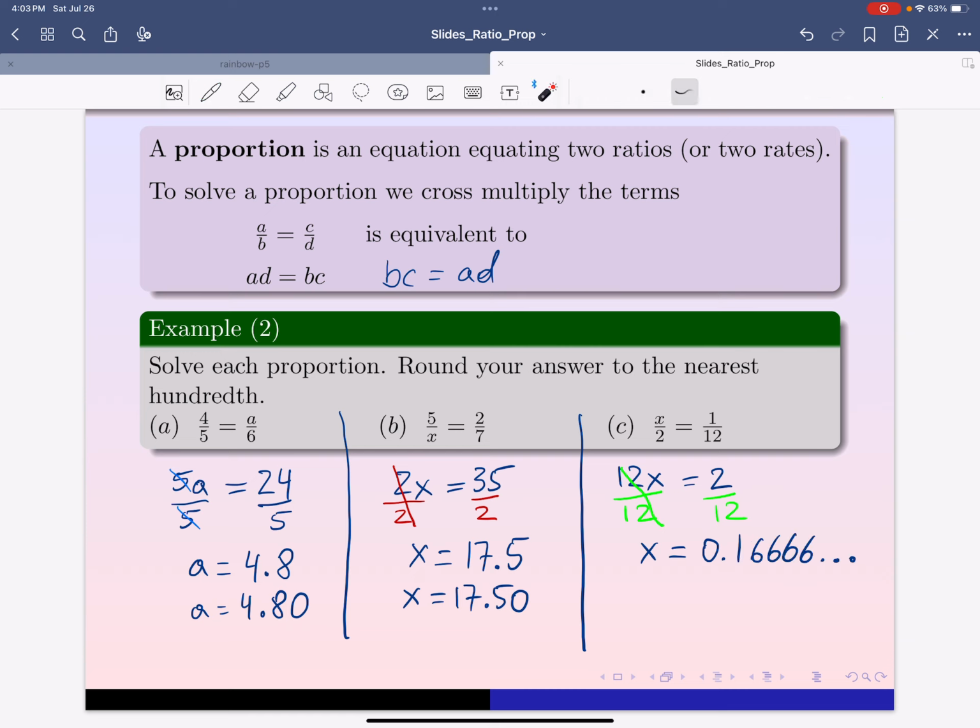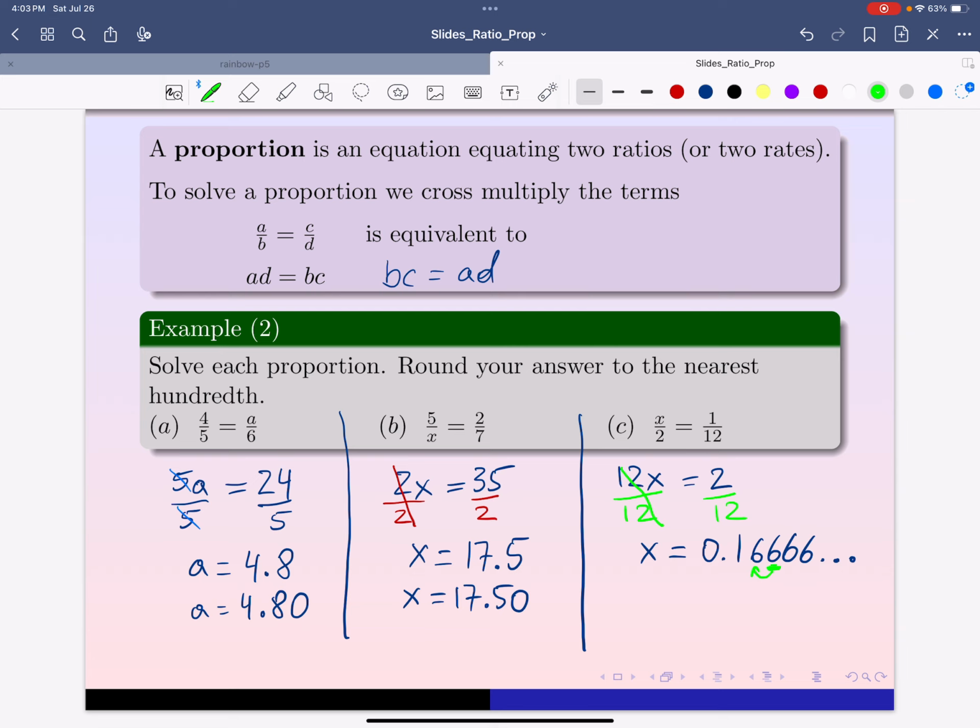To round it to the nearest hundredth, tenths is the first place, hundredths is the second. To round to the nearest hundredth, we look at the next digit. If the next digit is 5 or more, we change this number to 1 higher.